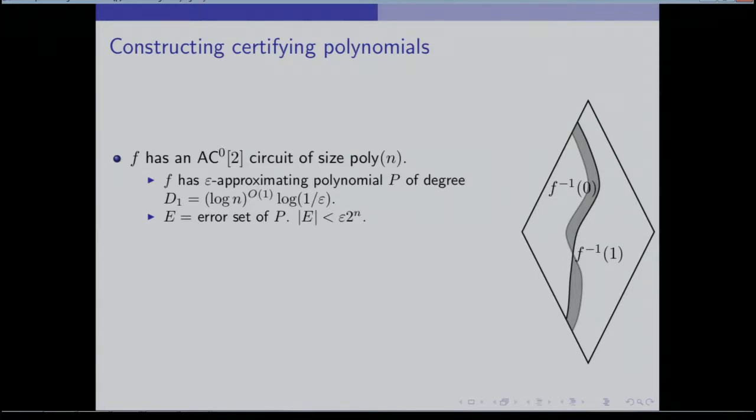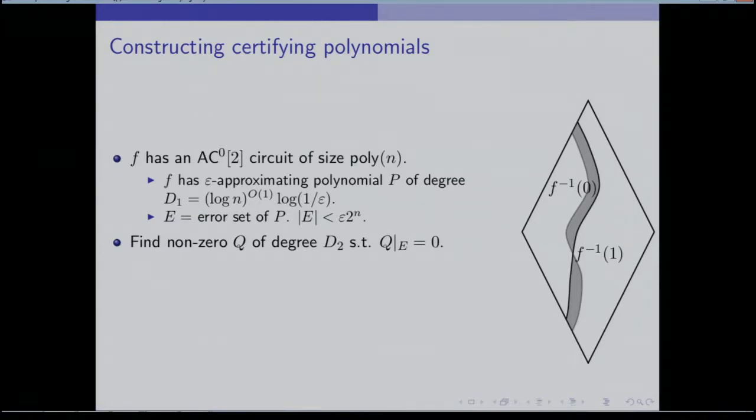Okay? So the certifying polynomial that we'll construct is going to be the product of this polynomial p with a polynomial q that's just 0 on the error set. So what we do is we find a polynomial q of some small degree that's 0 on this error set.